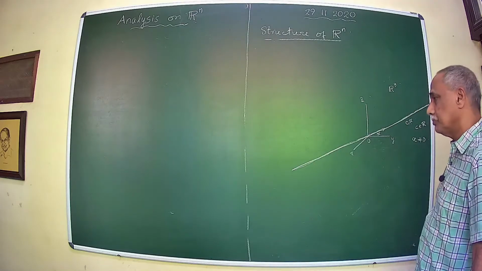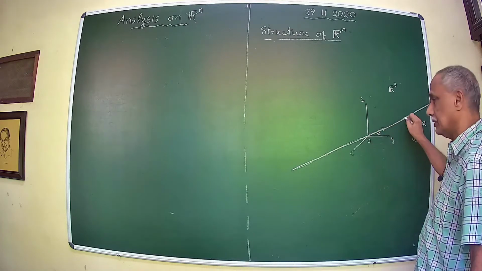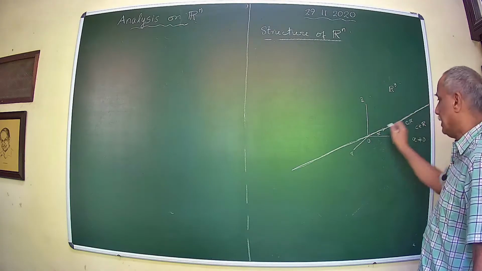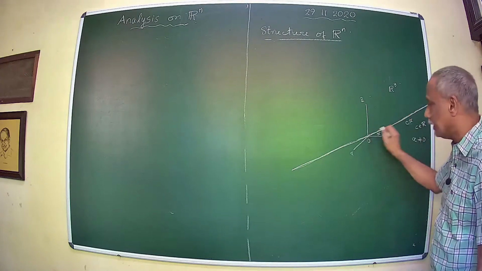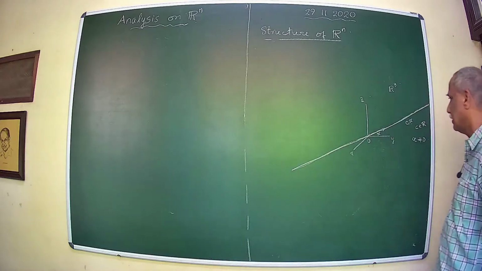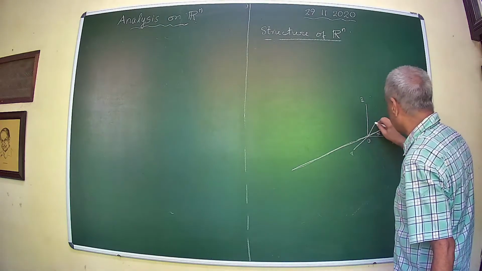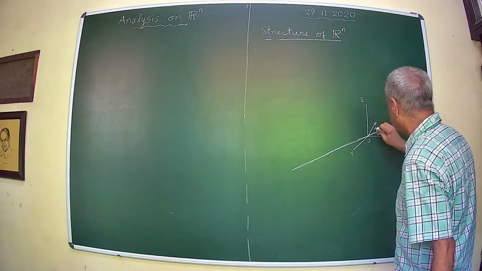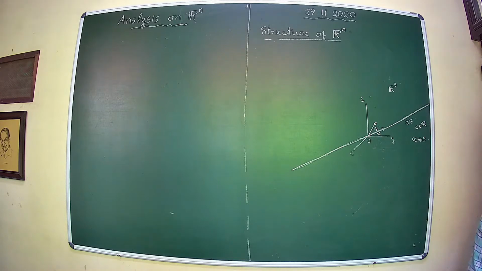Now, what do you do? Suppose you choose another vector y along the same line and then apply the addition and scalar multiplication. Do you get anything new? Nothing. You keep generating this line and nothing else. But suppose I were to choose a vector y which is not along this line.